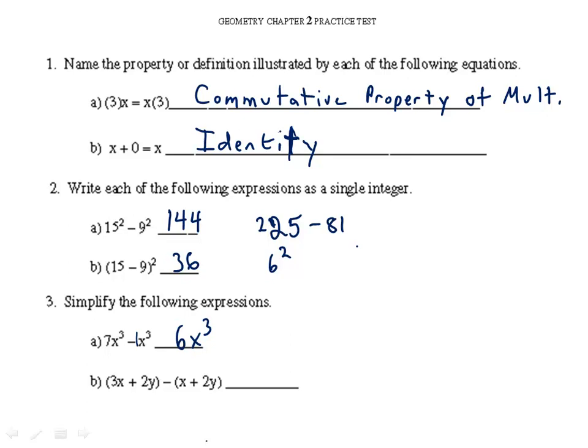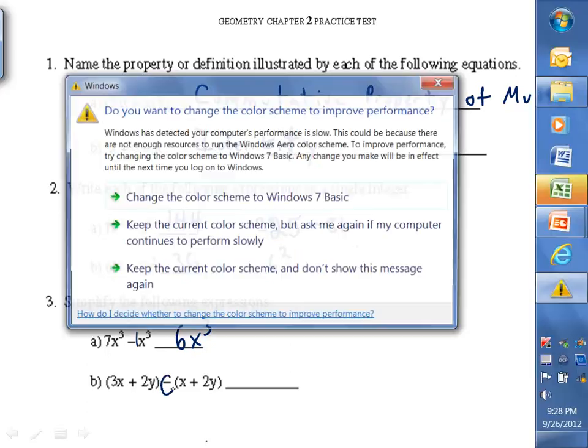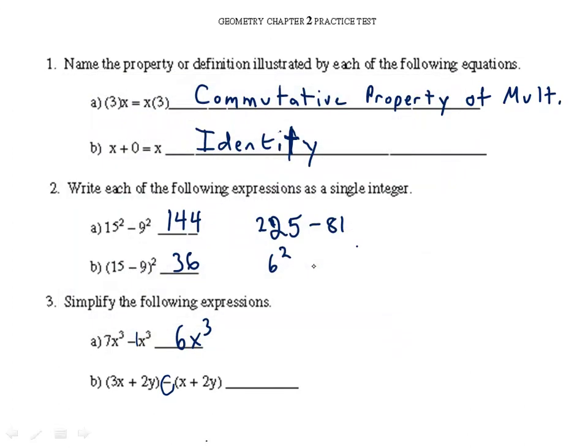Alright, part B. This is distributive property. When we have subtraction in between, make sure that you get this because it's an easy thing to make a mistake with. Alright, so what we have to do here is we can drop the parentheses from this first one because we're going to distribute the subtraction through there. The easiest thing to remember is that look inside the second set of parentheses.